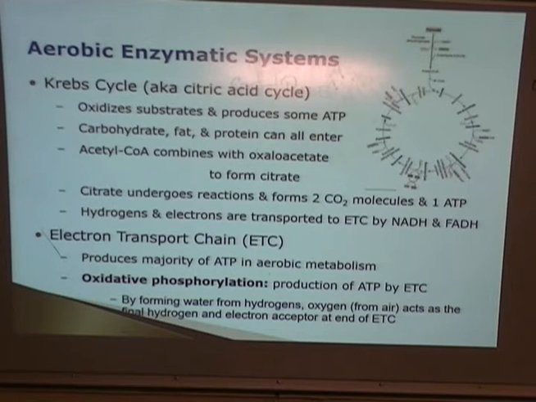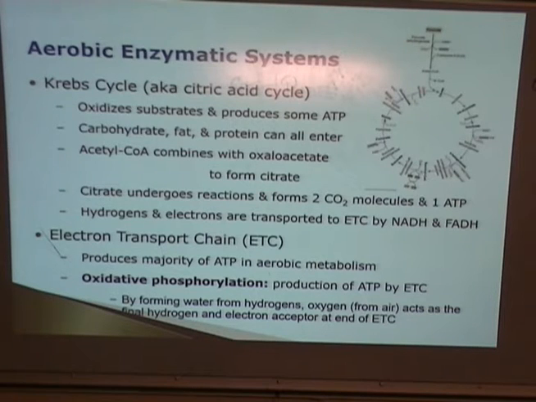Okay. So if we go back to our carbs versus our fats idea, right? If I am using carbohydrate aerobically, I only get 2 acetyl-CoAs per glucose molecule, right? So I only get 2 cycles of Krebs.